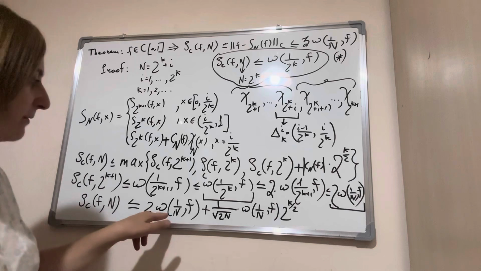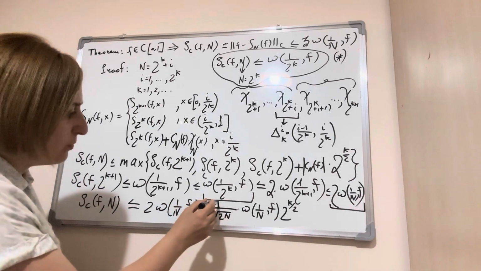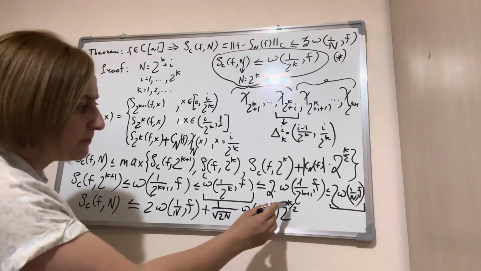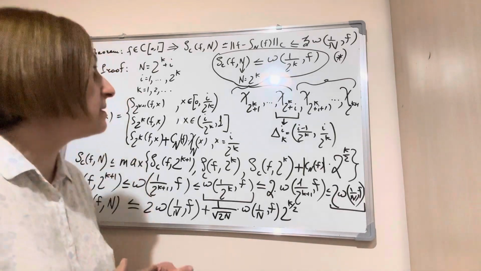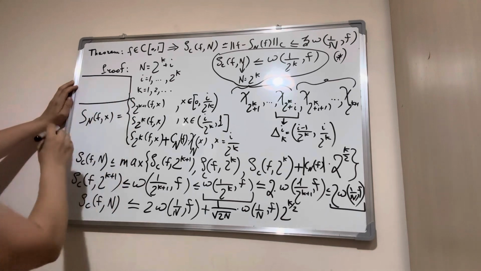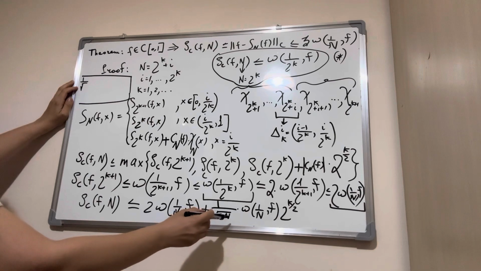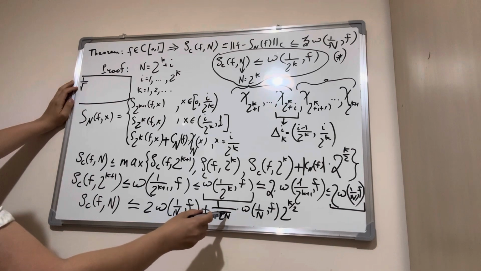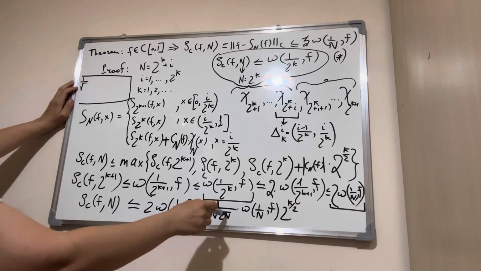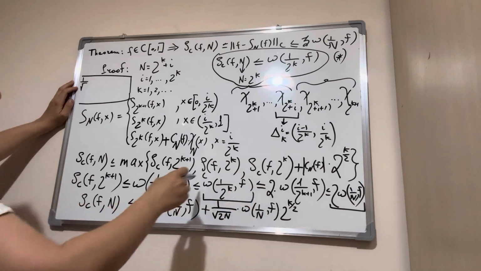The only thing left to be done is to show that 1 over square root of 2n times 2^{k/2} is less than or equal to 1. This can be easily seen. Let's make a small estimate here. By substituting n by 2^k, because n is greater than 2^k, if I put here 2^k, I get something larger.